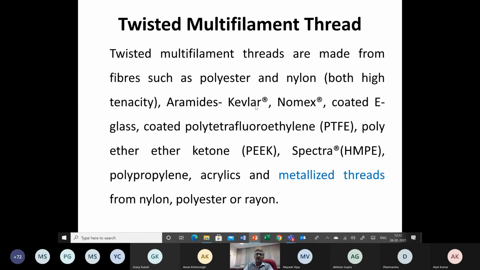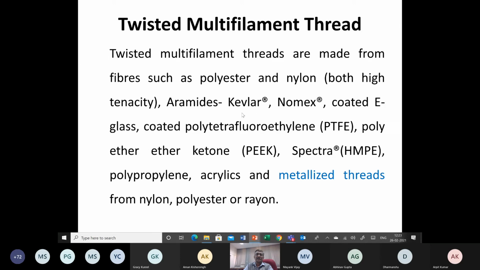And aramids such as Kevlar, Nomex, meta-aramid, and there are coated E-glass and coated polytetrafluoroethylene, PTFE, polyether ether ketone. This is all high temperature, no? They can withstand high temperature. There are some applications where you have to stitch fabrics which are going for high temperature applications. There are some fabrics which need very high cutting resistance and also a reasonable amount of heat resistance.